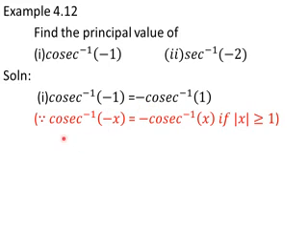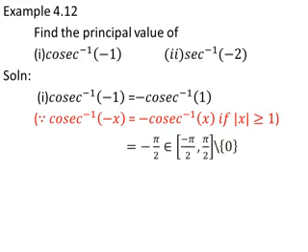How we are writing this is, we are applying this property. This we have in the next session. Cosecant inverse of minus x can be written as minus cosecant inverse of x if modulus of x is greater than or equal to 1. Here our x value is 1. So modulus of 1 means 1. It is equal to 1. So this condition is satisfied, so we can apply this property.